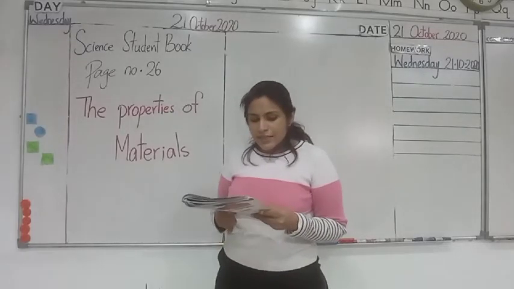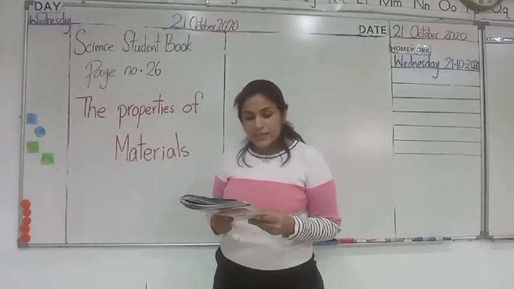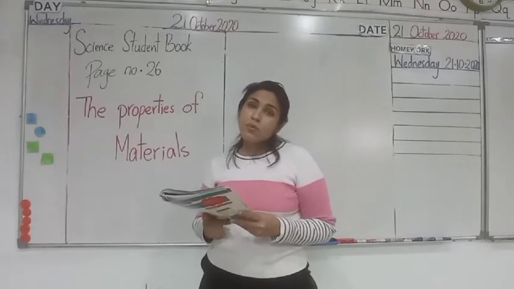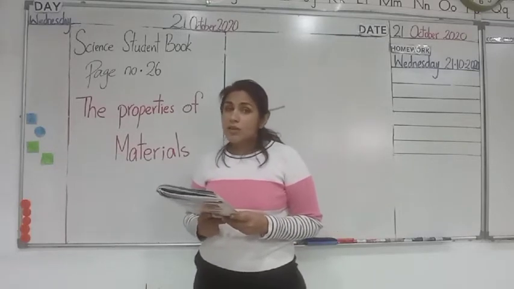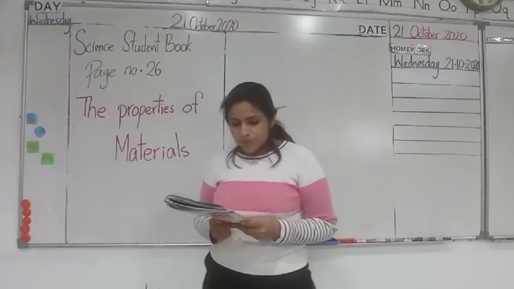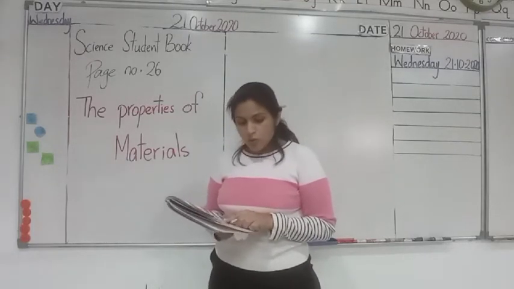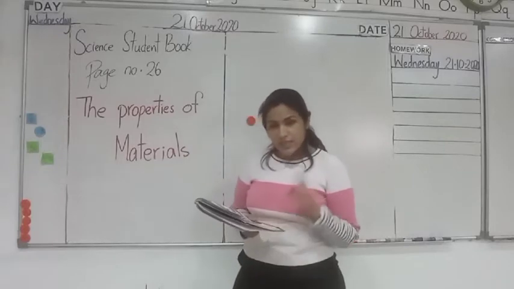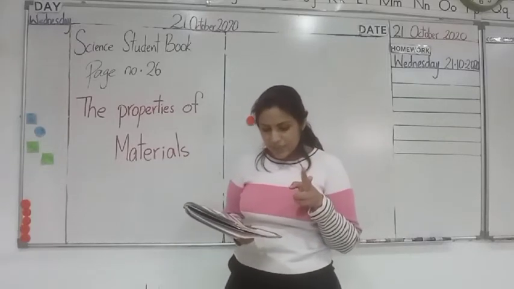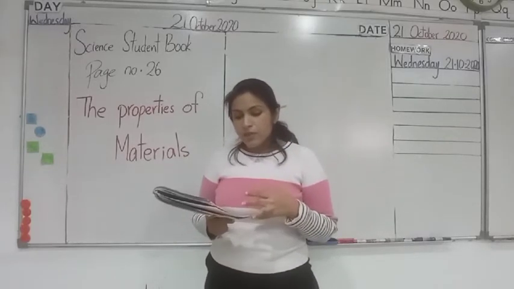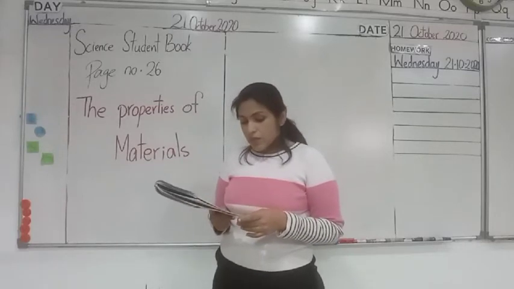Okay, then test them with a magnet. Does it attract them? You can even test whether an eraser gets attracted to the magnet or not. Put them in water. Do they float or sink? So you can do a floating and sinking experiment, you can do a magnetic experiment.